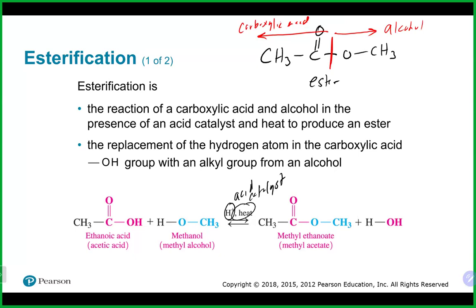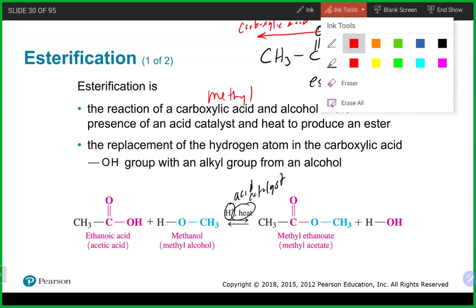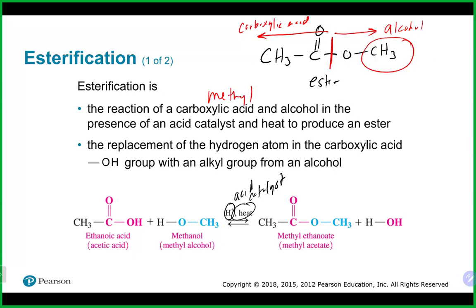So the way that we go about naming these guys is the alcohol part is named as a group. So a one carbon group is a methyl. The carboxylic acid part is named on the number of carbons it has, which is 2, which is based off of ethane. And we actually will drop the E and put OATE at the end of it.